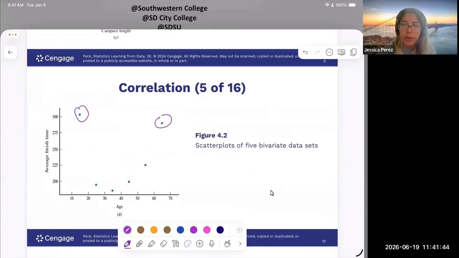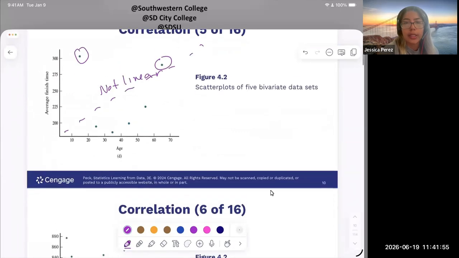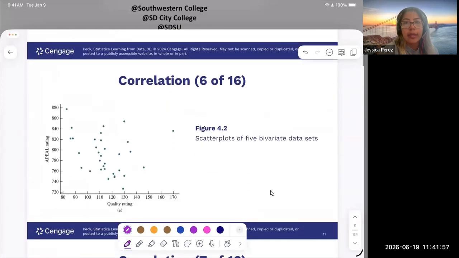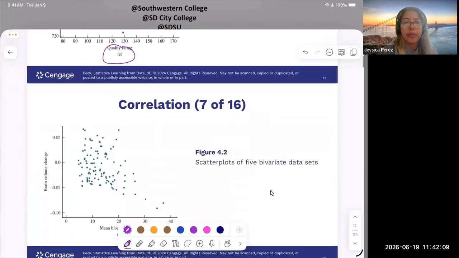They're more scattered all over the place. Definitely not linear, because if I put a line here, there are not a lot of points that will cross that line. And then in 4.2, letter E, the points are kind of scattered. So there's not really a linear relationship here whatsoever.